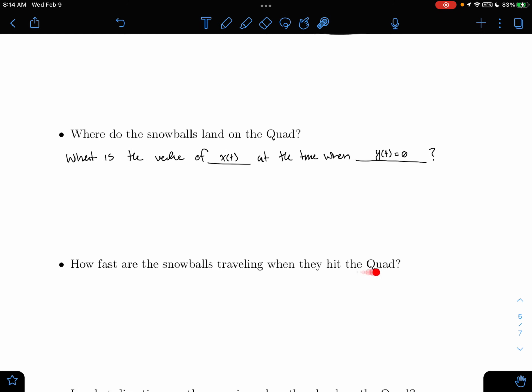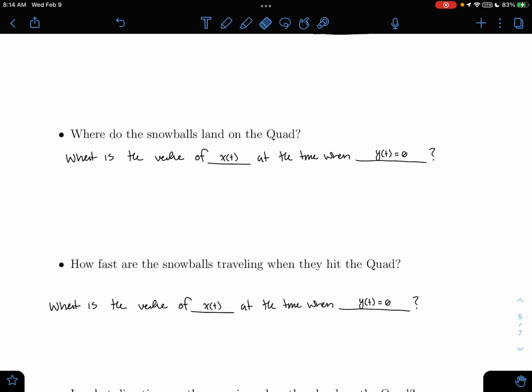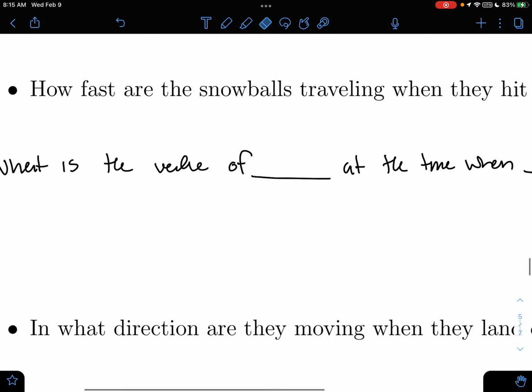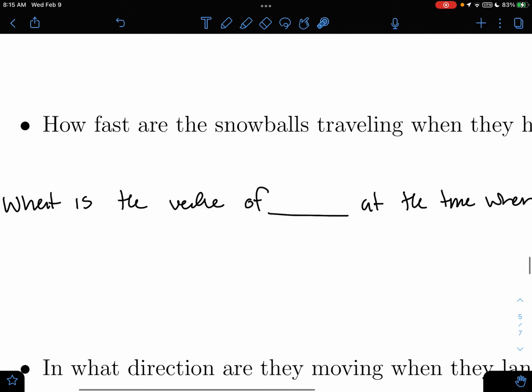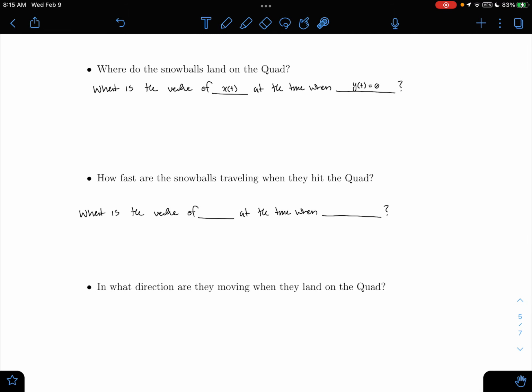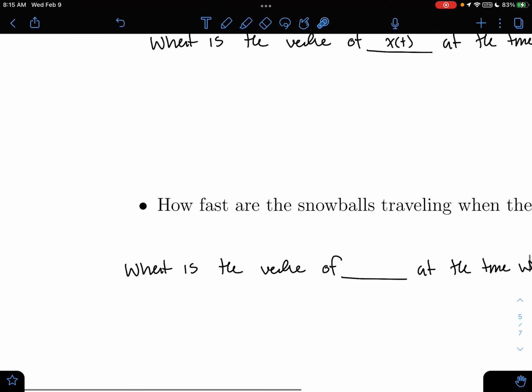And how fast are the snowballs traveling when they hit the quad? So again, this is what we're finding, and this is how we know we've gotten there. How fast are the snowballs traveling? We're thinking velocity, but it's asking just how fast they are traveling. It's not specifying a direction.